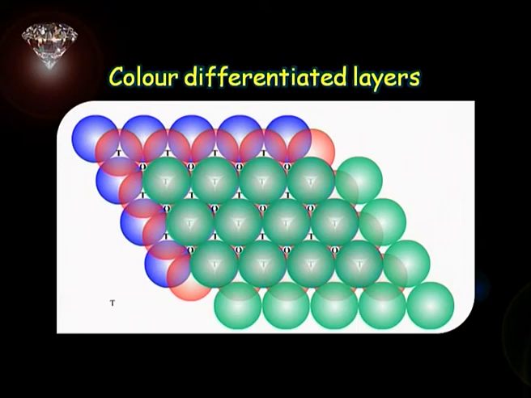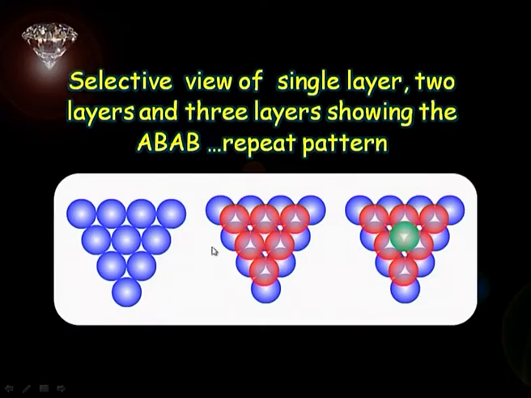So, this is another version of a similar kind of picture. This shows my layer A, layer B and layer C, and layer C is exactly on top of layer A. So, this is my AB repeat. Now, this AB repeat is called HCP, hexagonal close packing in 3 dimensions. This is another attempt to make things slightly clearer.